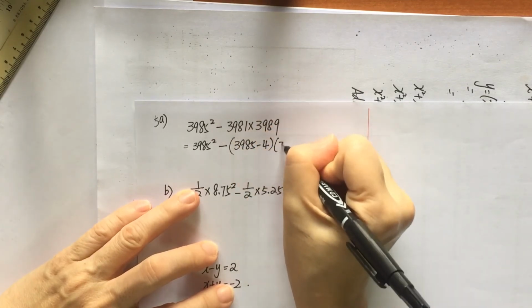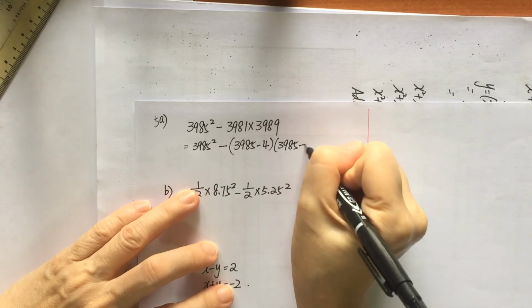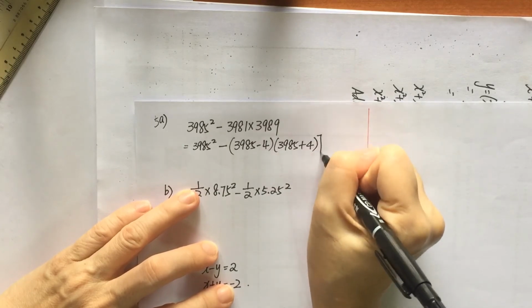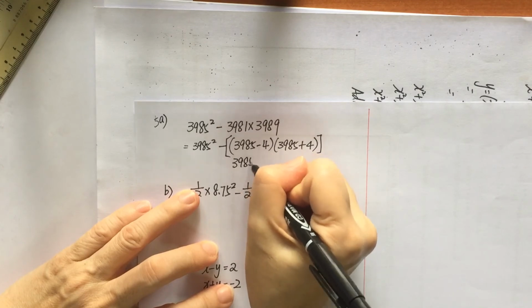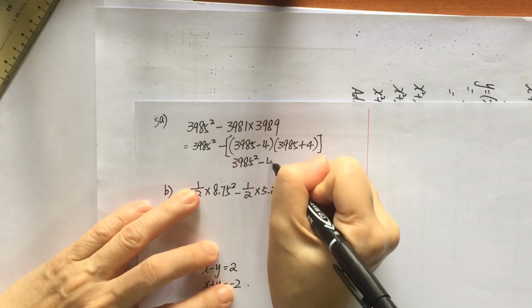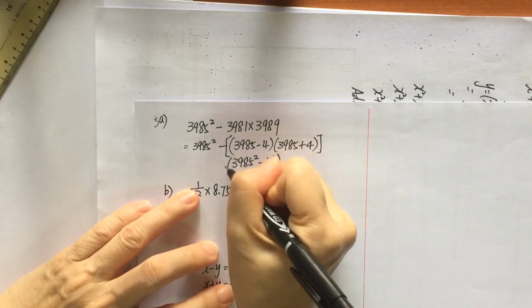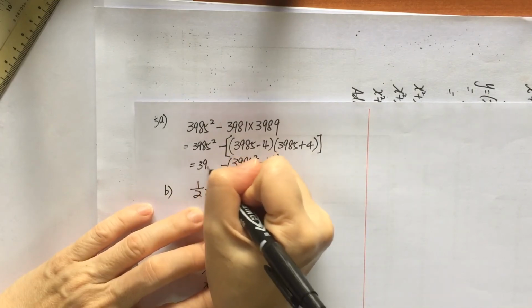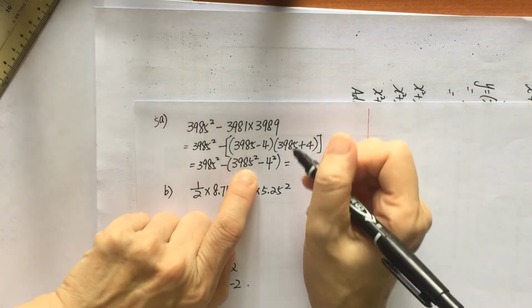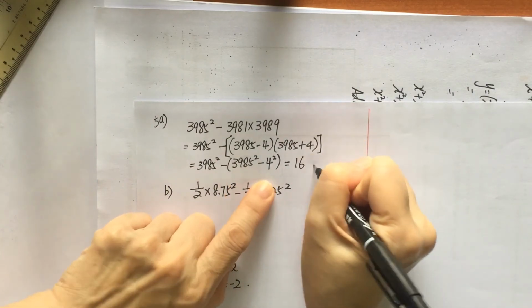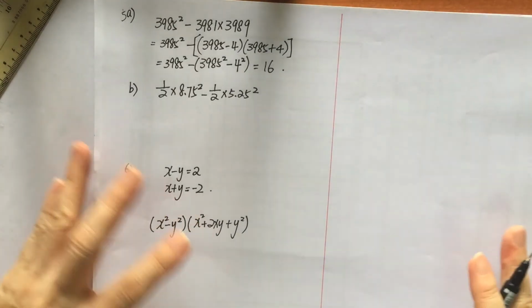And this one change to 3985 plus 4. So together it is 3985 squared minus 4 squared. So minus away this 3985 squared, the 3985 squared cancel out. So I'm getting 16 for my answer.